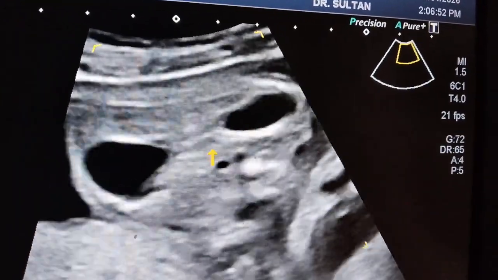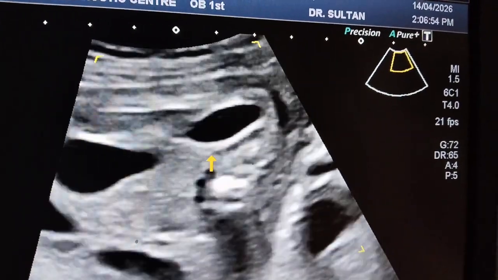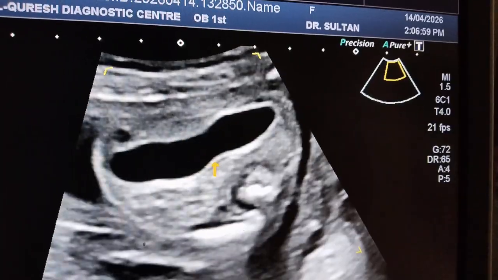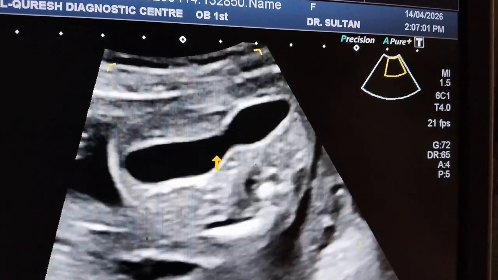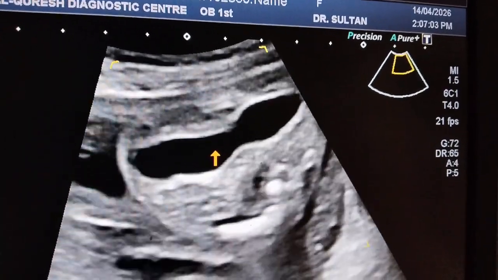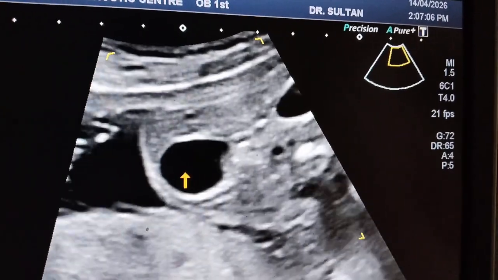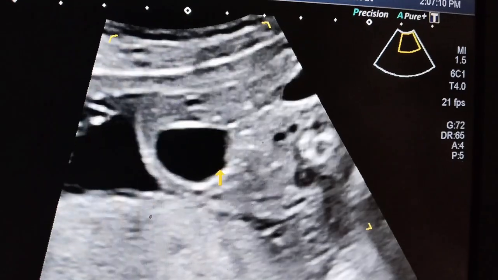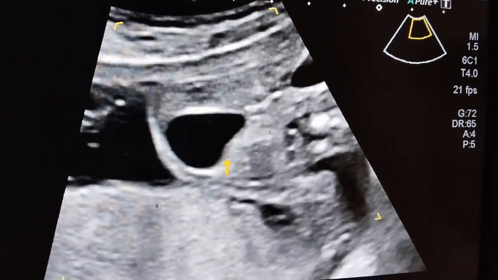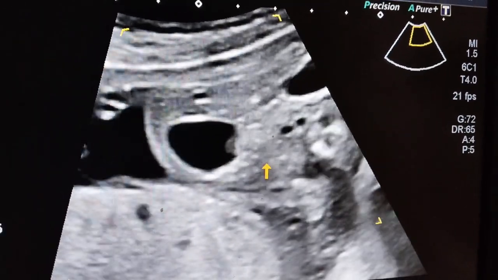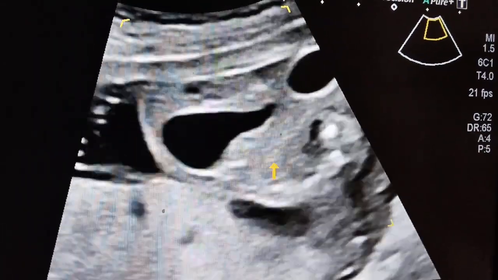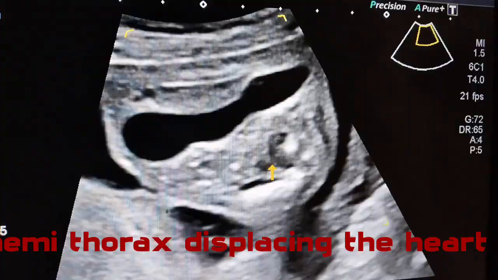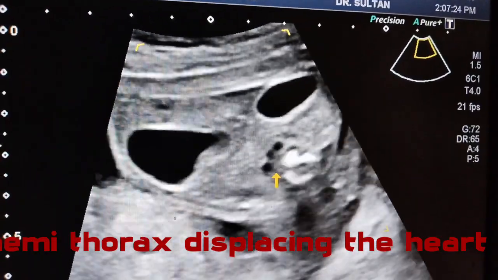But around the 8 to 10 weeks, there is failure of recanalization. When there is a failure of recanalization, there is complete obstruction to the outflow of the fluid from the proximal duodenum to the rest of the bowel. So this is the pathophysiology of the duodenal atresia.